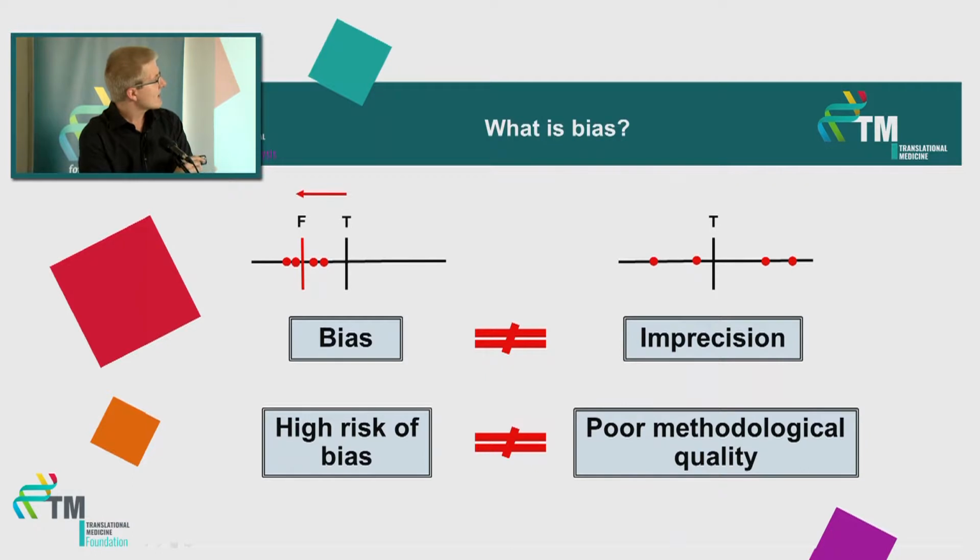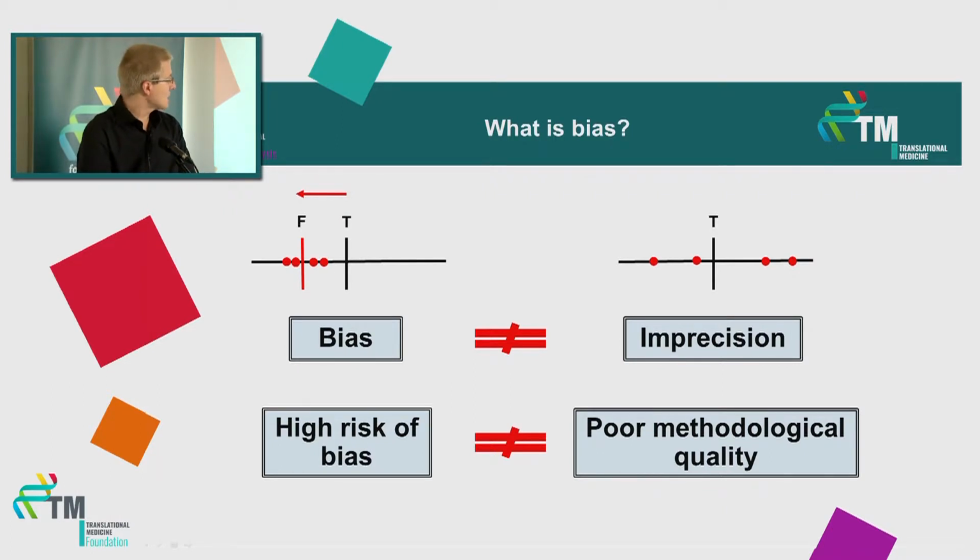In the case of imprecision, the average of the studies just scatters on a scale around the true average. There isn't any shift in it. The imprecision is typically the consequence of low numbers of participants, low sample sizes.